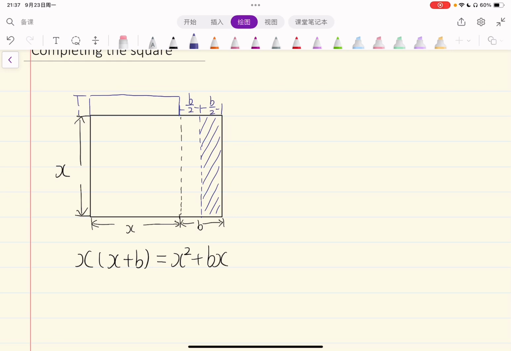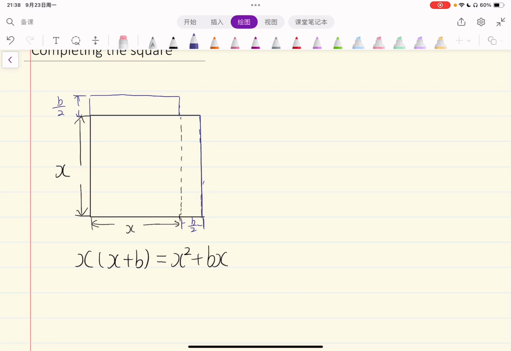So this width is b over 2, which means this part disappeared, right? We have a new shape that looks like that. And I write over here, this is b over 2, right?